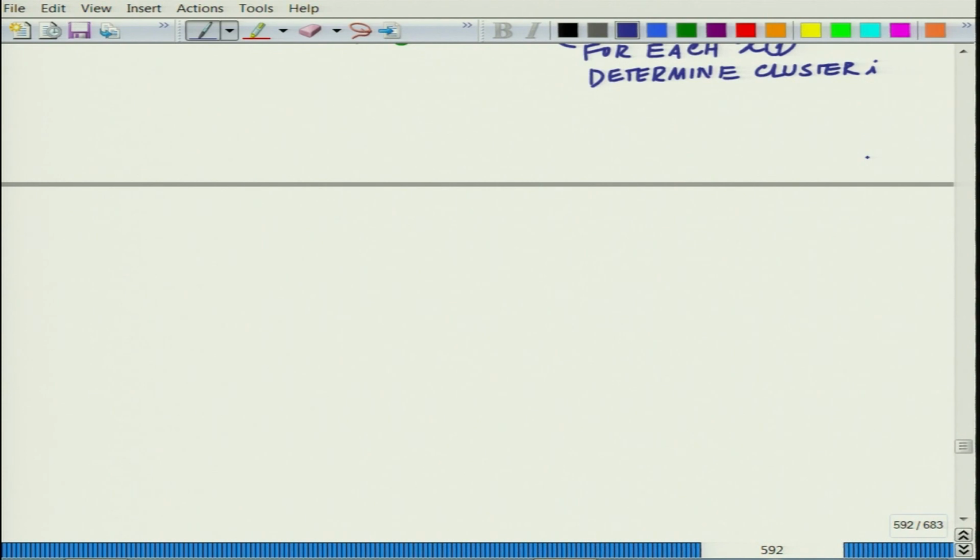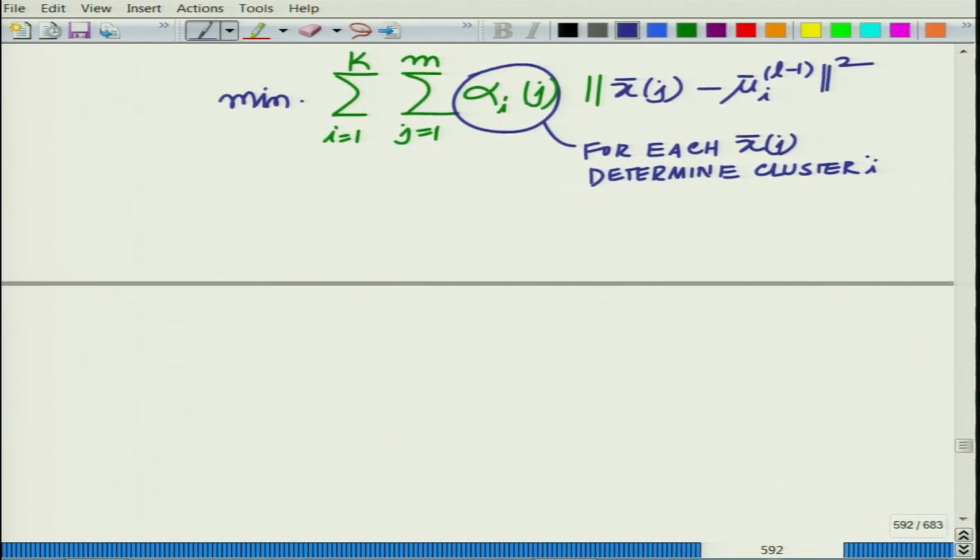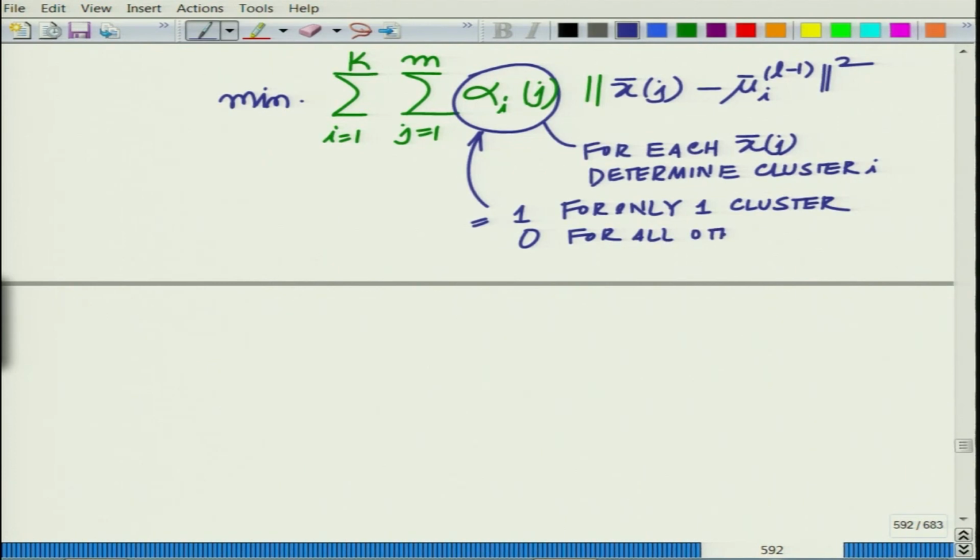That is very simple. Observe, and now note that alpha I j, if you assign it, remember, is equal to 1 for only one cluster, for each j, and 0 for the others, right.